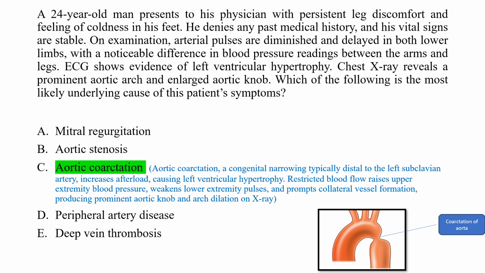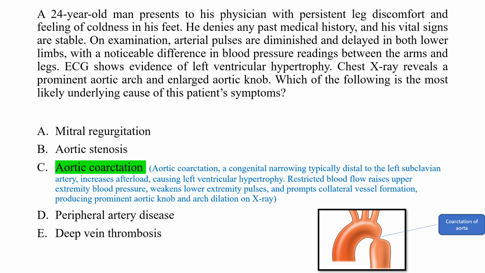Aortic coarctation is a congenital narrowing of the aorta, usually distal to the origin of the left subclavian artery. This narrowing increases afterload, leading to left ventricular hypertrophy as the heart works harder to pump blood past the constriction.